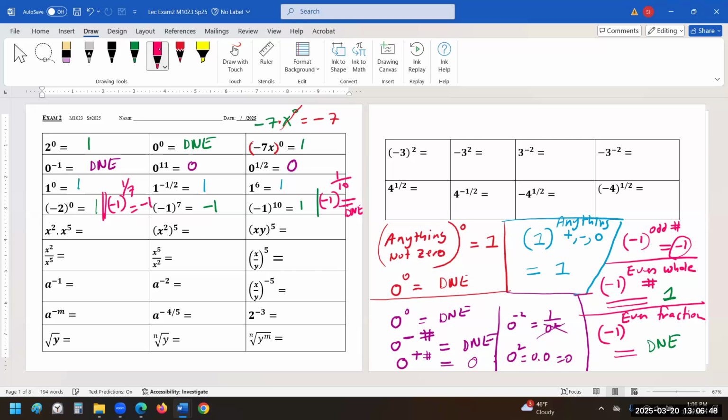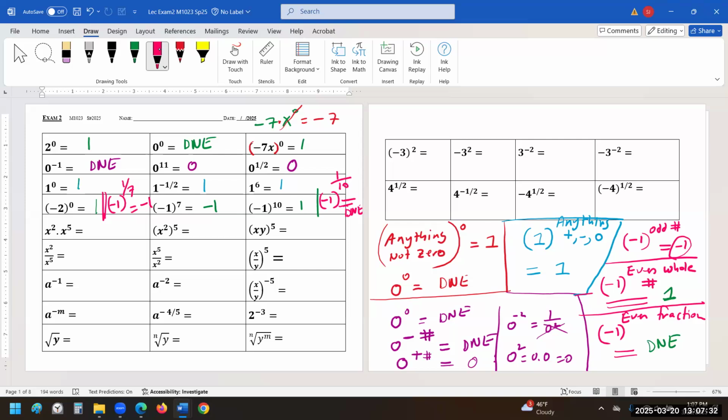Negative 1. So see, it could be a positive whole number or a fraction. It doesn't matter. The answer is always negative 1. It's because negative 1 to the 1/7 means find one number, multiply it 7 times, and the answer is negative 1. This is what the 1/7 power means. You can multiply negative 1 seven times, and the answer will still be negative 1.